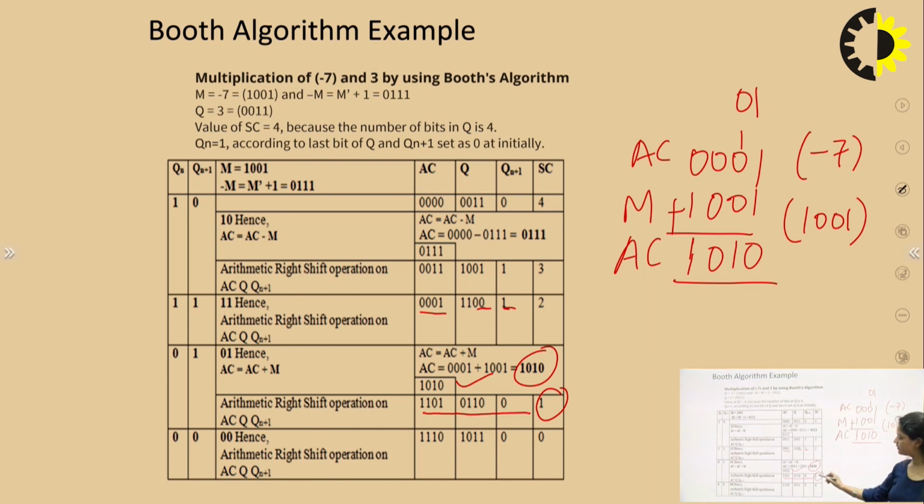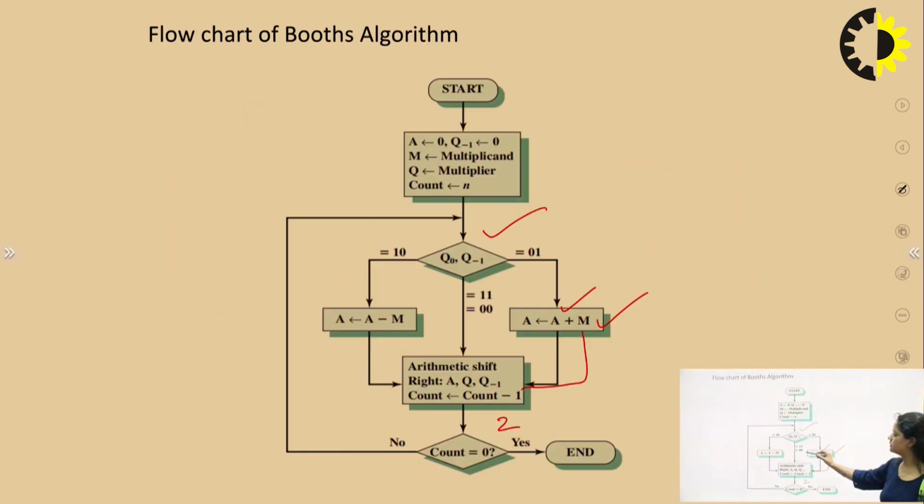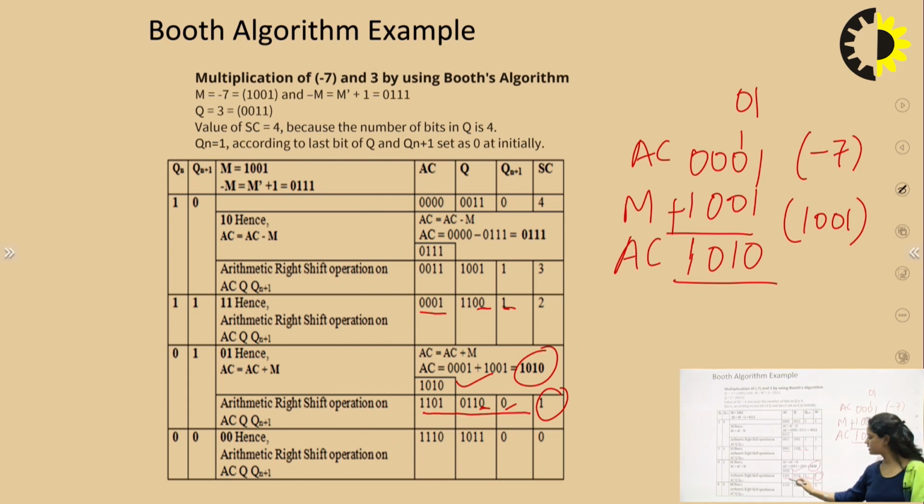Now again, the counter is not 0, so we have to perform the comparison operation. And again, we are comparing 0 and 0. Now when it is 0 0, we move directly to the arithmetic right shift operation, and on this particular pair of bits we can perform it.